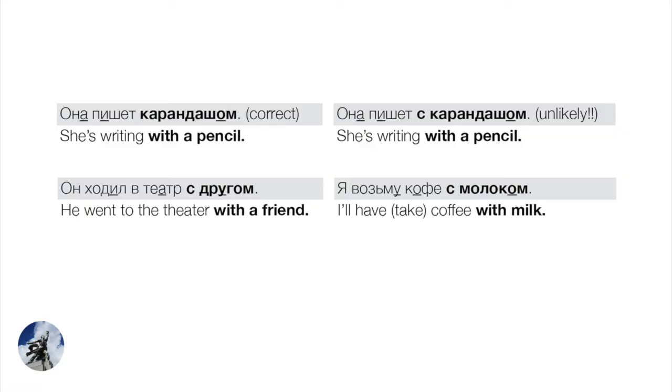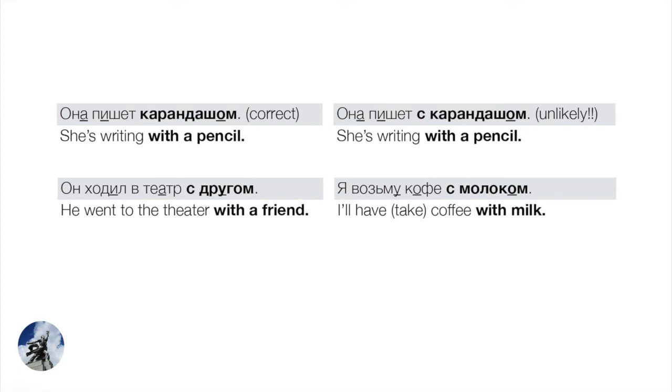As you can imagine, this can be very confusing, right? Students will often write sa when they don't need the preposition at all, right? When they're talking about an instrument, right? So, for example, the correct Russian version of she's writing with a pencil, as we just saw, is simply "Она пишет карандашом," right? All we need there is the instrumental case ending to tell us that we're using the pencil as our instrument.